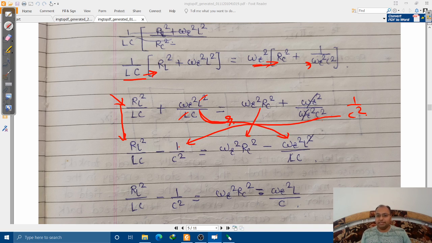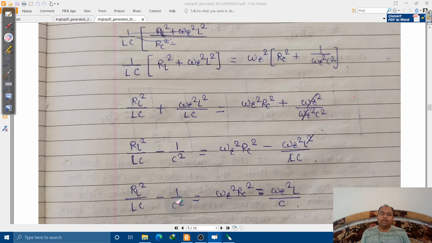So omega r square into RC square minus omega r square. Now L we have cancelled out like we did over here. We have taken that term directly and cancelled out this single L. Is that fine? Now let us take out common omega r square from these two terms, so that we can easily find the equation for resonant frequency. Great. Let us do this.